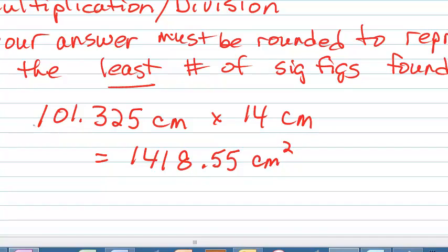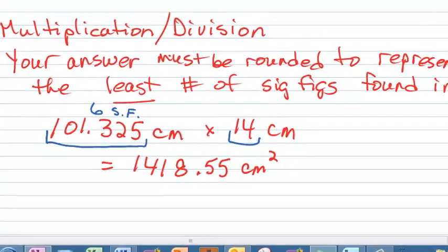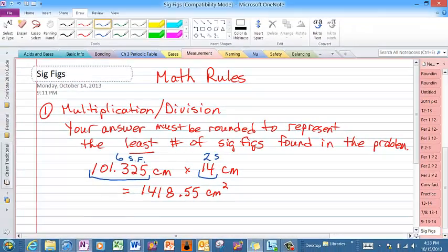Well, the first thing I need to do is figure out how many sig figs are in 101.325. I hope you guys figured out that there are 6 sig figs in 101.325. If I look at 14, there are 2 sig figs in that measured value. What's the smaller number, 6 or 2? 2 is the smaller number.